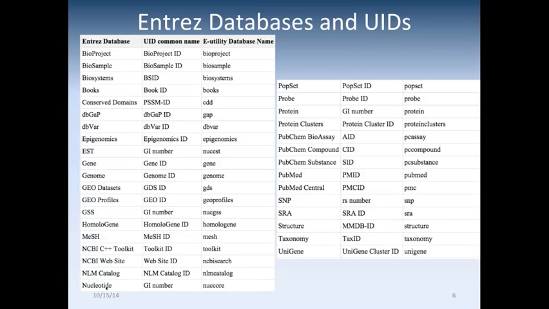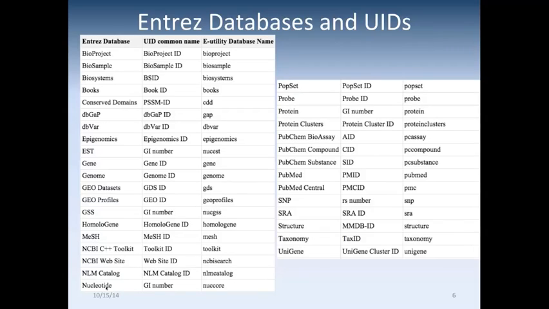For example, PubMed uses what we call a PubMed ID or a PMID. PubMed Central uses the PMC ID. Protein and nucleotide both use an ID that's usually referred to as a GI number. But the point is that all of these IDs are integers. And that's the important point. They are not accession numbers, they are integers. And it's these integer IDs that the eUtilities use to reference individual records.